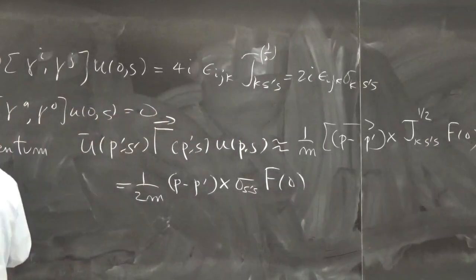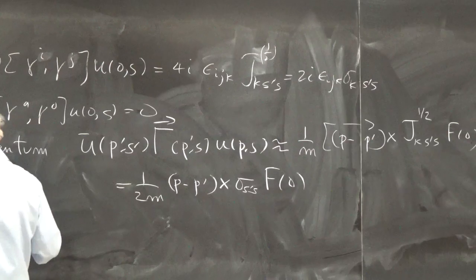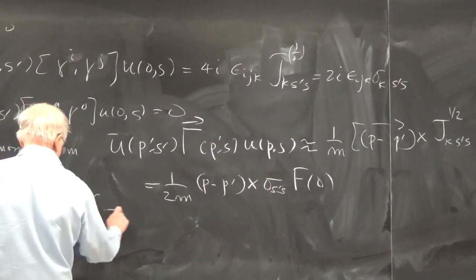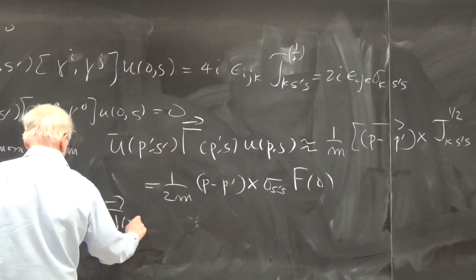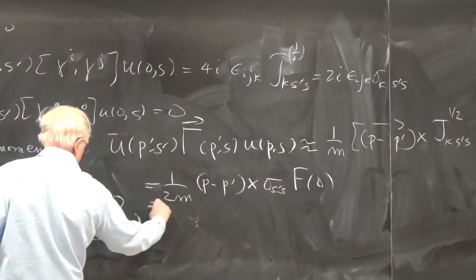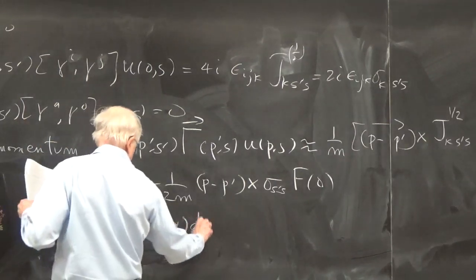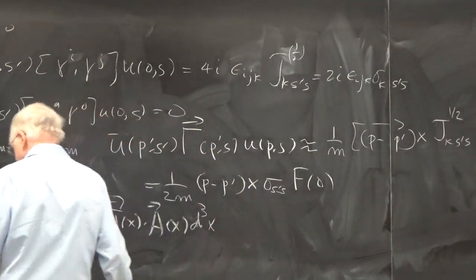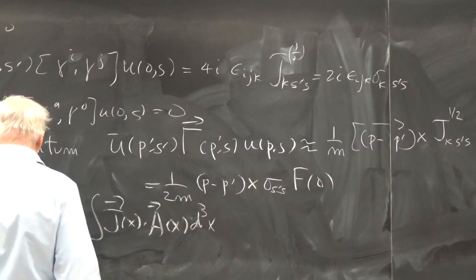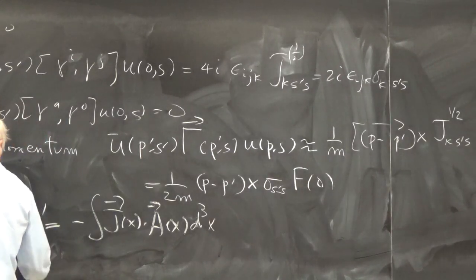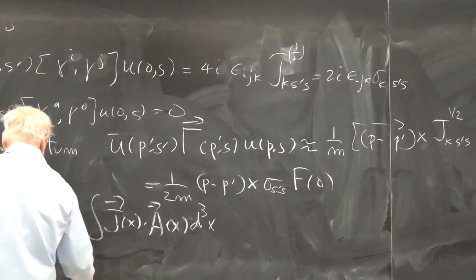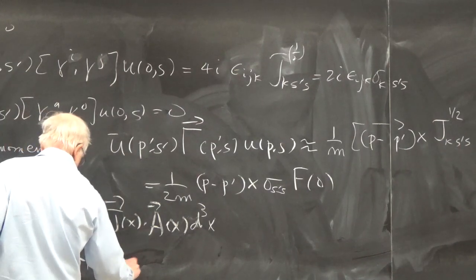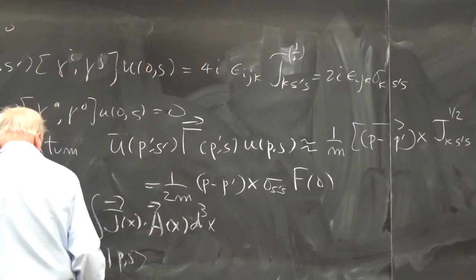On the other hand, the interaction that we're talking about is something like this: integral of J of x dot A of x d cubed x. And so the matrix element is p prime, s prime, H prime, p s.